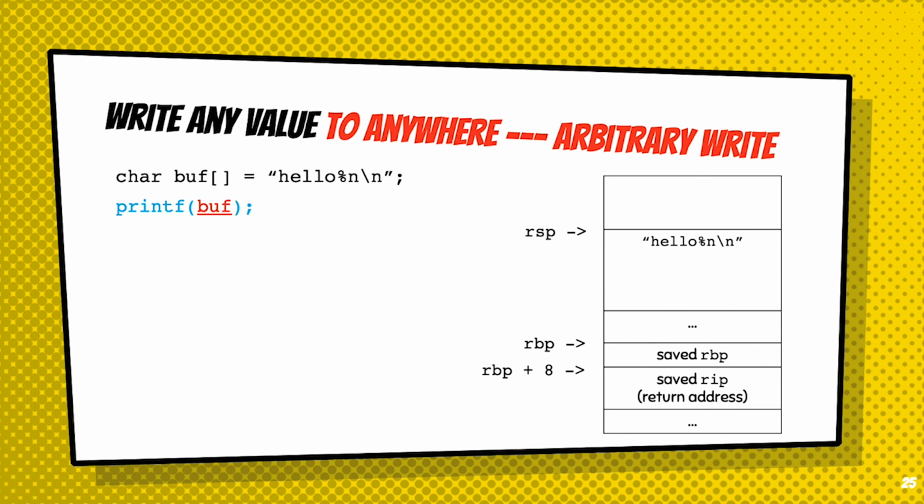However, that's not the end of the game. We want to not only write to n with an arbitrary value, we also want to more powerfully write to anywhere that we want.